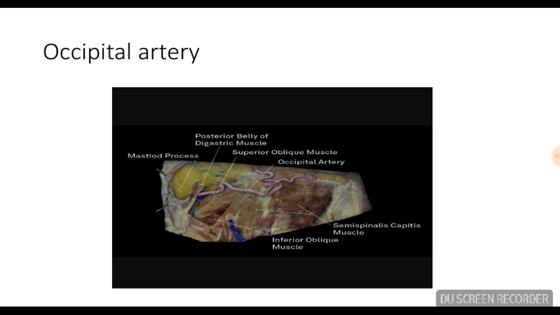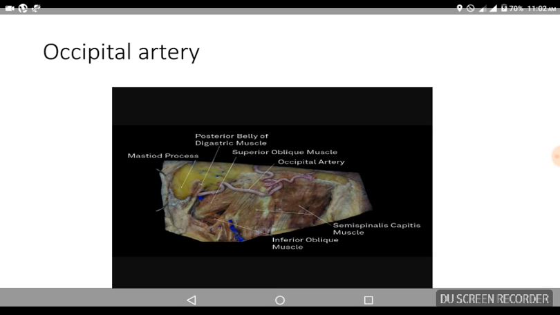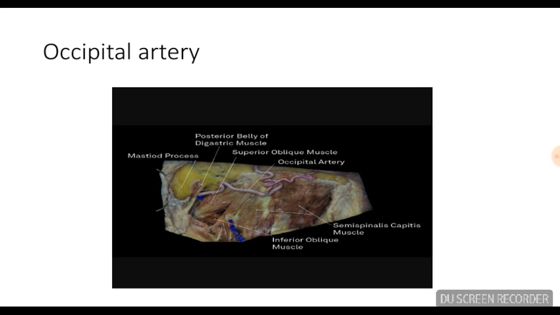Occipital artery. This artery arises just above the pharyngeal artery and is present to supply the occipital muscles.